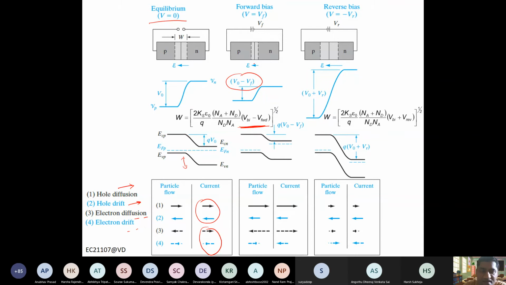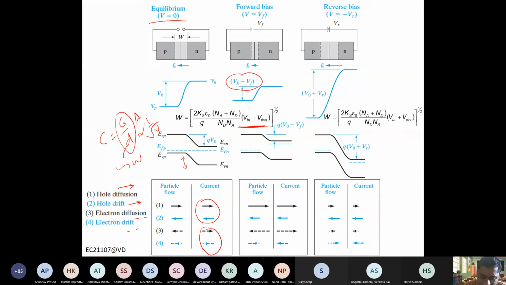If you assume it to be a parallel plate capacitor, the capacitance per unit area is epsilon by D, right? So D is, roughly, the same as the width, right? So that means capacitance varies as 1 by square root of voltage, right? So this you should remember.